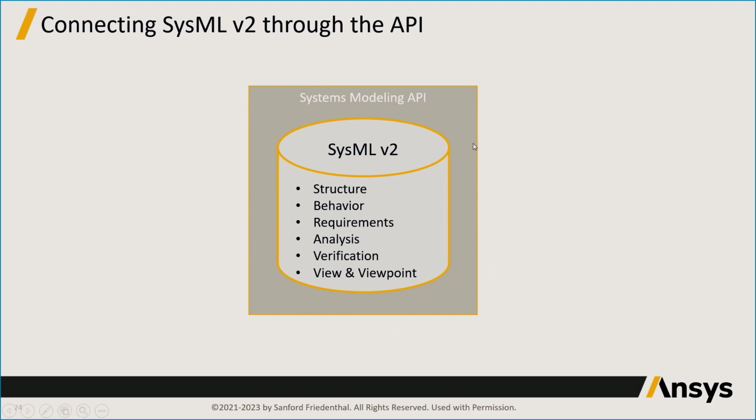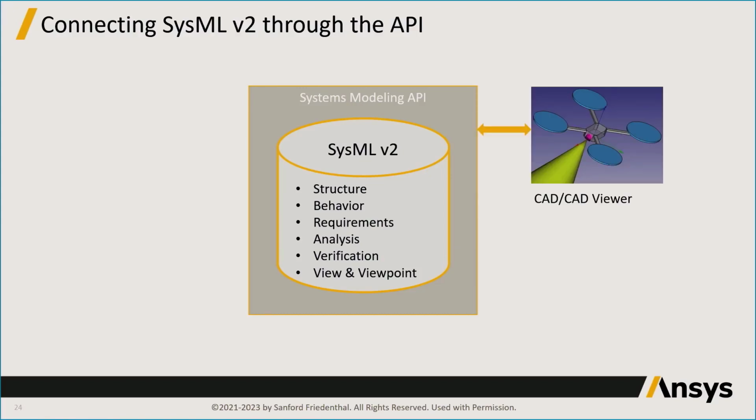And this API wrapper enables other applications and tools to access the information in the repository and update it or query it or navigate it or do other things to this data. So let's look at a few examples.